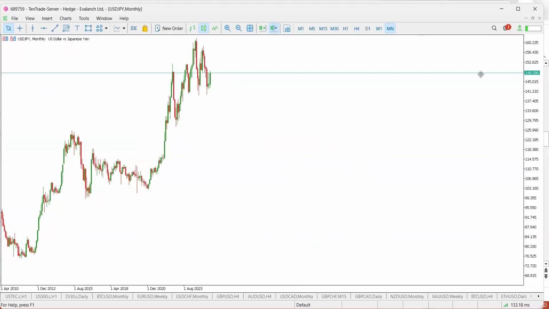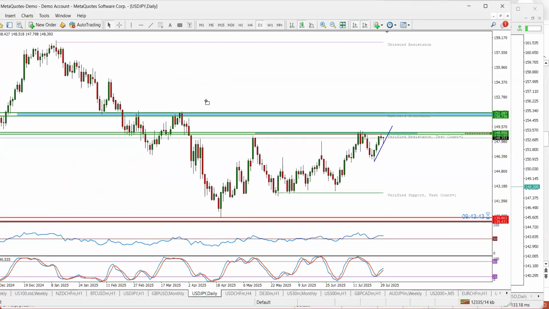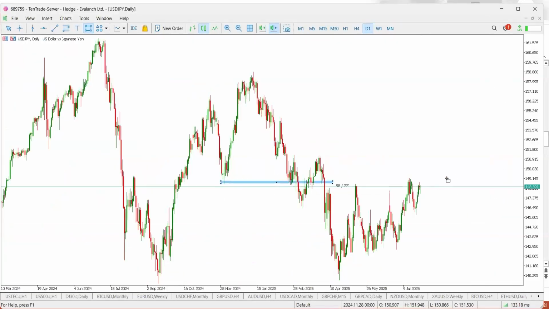Okay, something like this, right? Make the chart very clean.